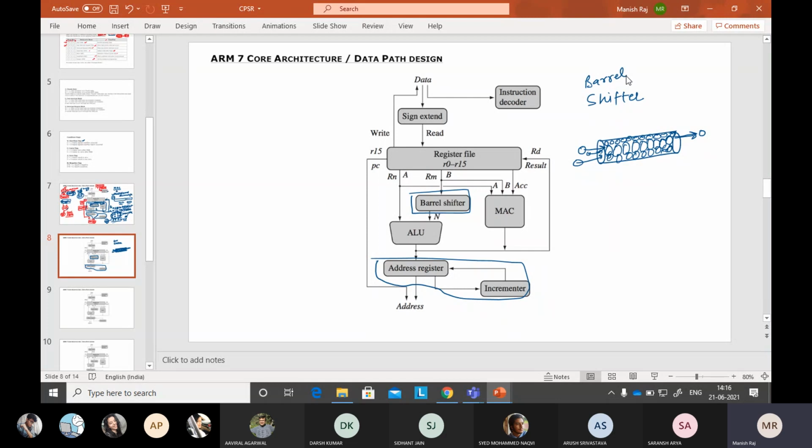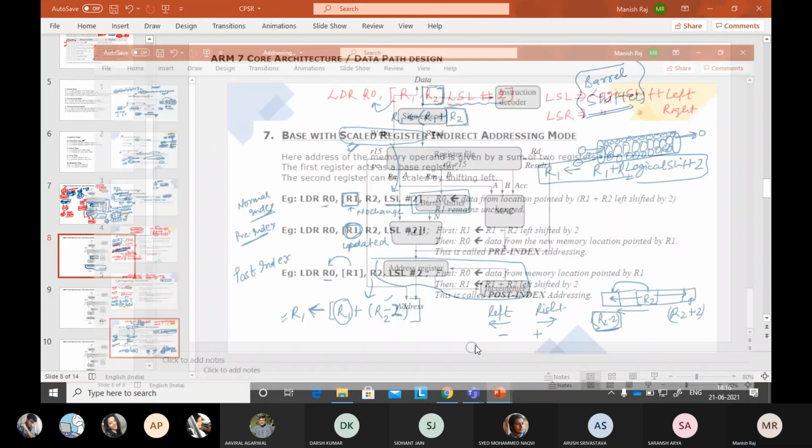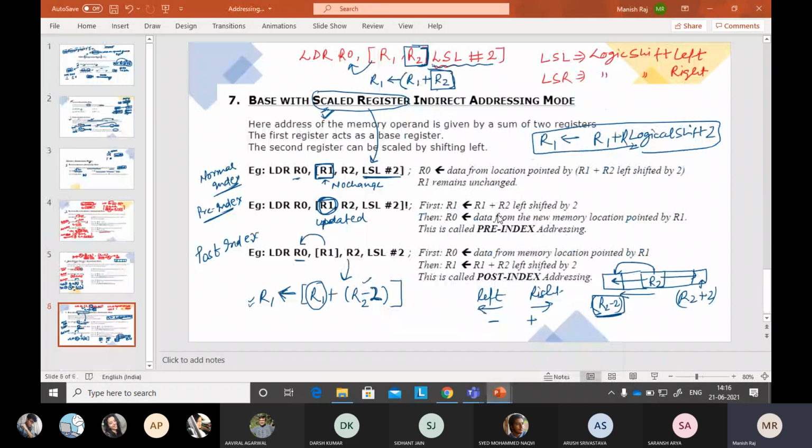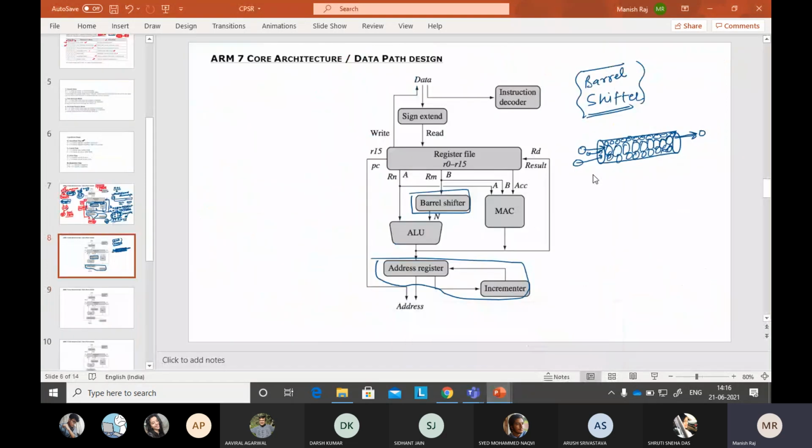The work of the barrel shifter is the same as I taught you just now. The shifting part is done in the barrel shifter. When you get some addresses and you want to shift the data or shift the register, then you will use the barrel shifter. So barrel shifter is used in the last mode.